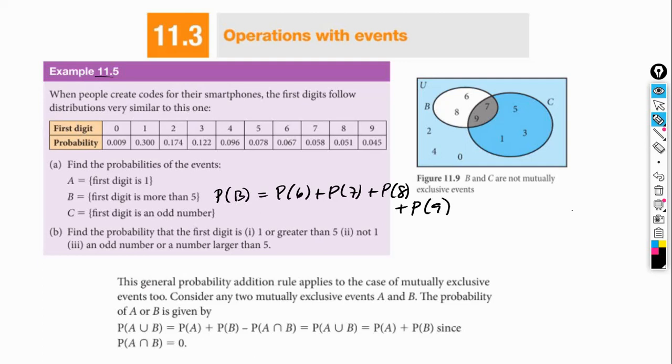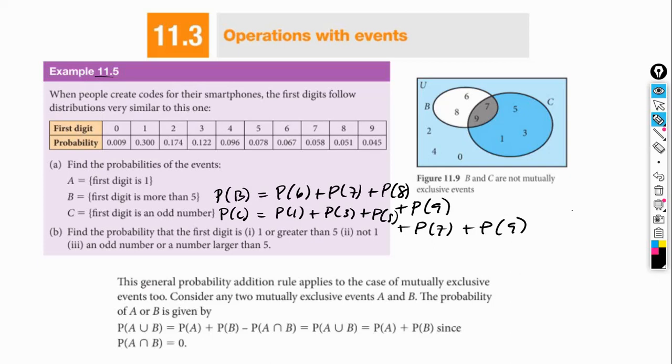And then for event C, the first digit is an odd number. We said that the probability for C is equal to the probability that it's 1 plus the probability that it's 3 plus the probability that it's 5 plus the probability that it's 7 and the probability that it is 9.